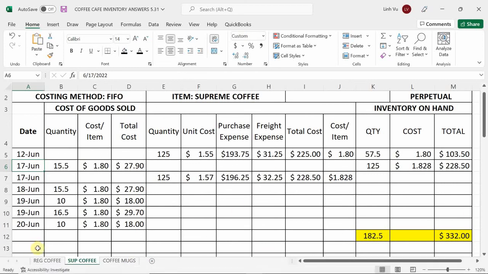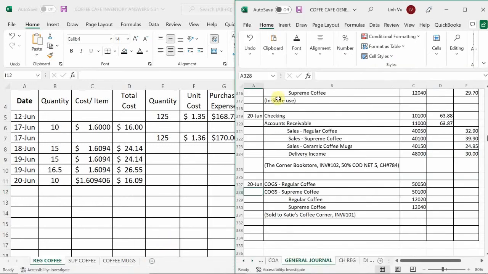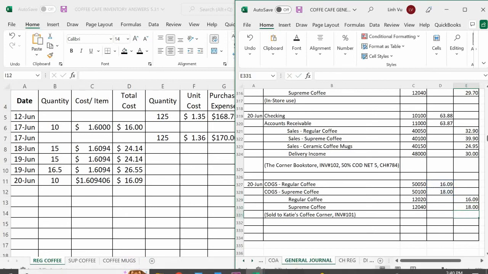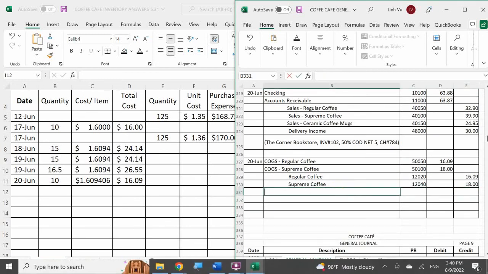So you got 18 on the Supreme, and you got $16.09 for the regular. And of course you want to change your description here as well, that you actually end up selling to the corner bookstore. Invoice number 102.